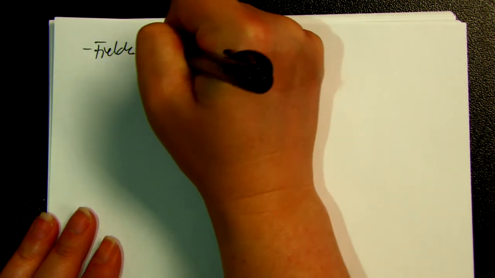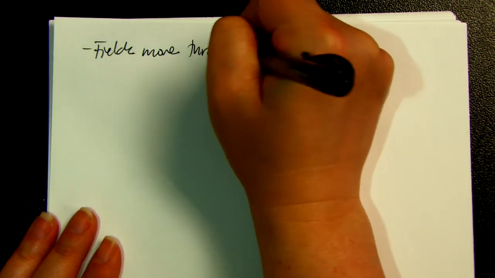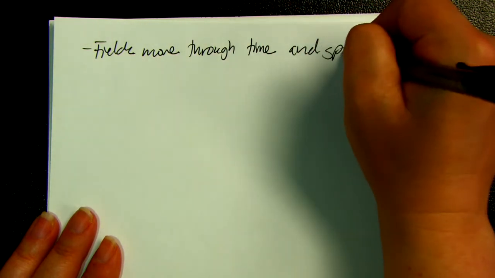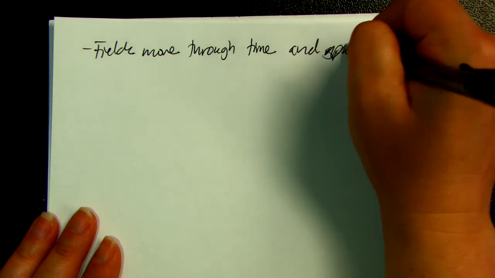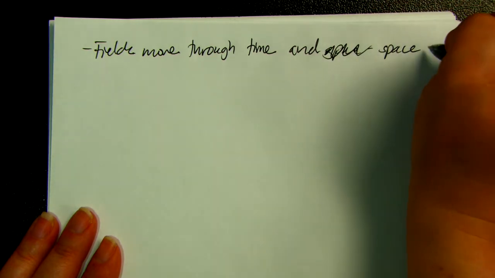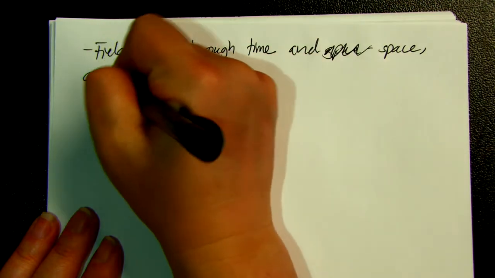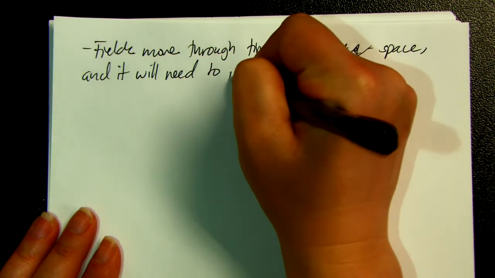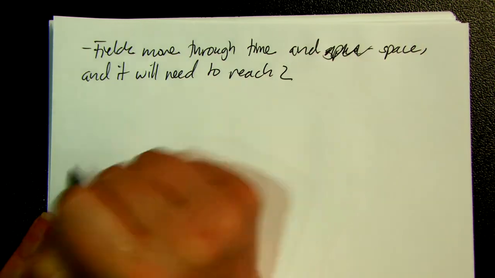So fields move through time and space. So, and it will need to reach observer 2.